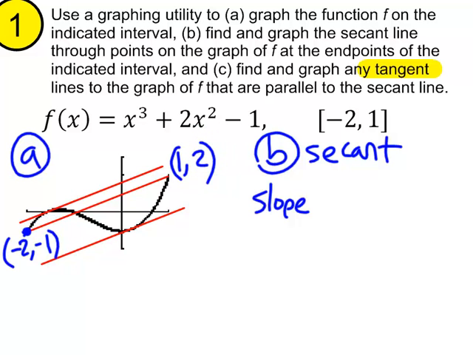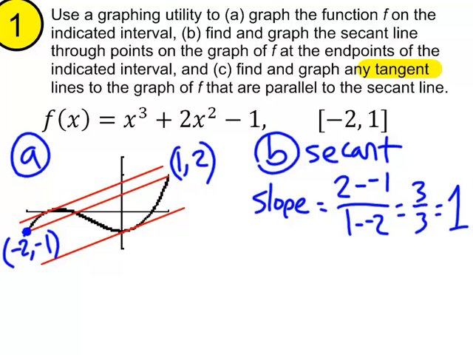So that's going to be 2 minus -1 over b minus a. That's going to be 1 minus -2. And that's going to equal 3 over 3, which just equals 1.